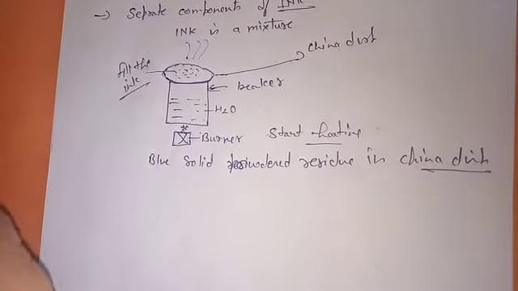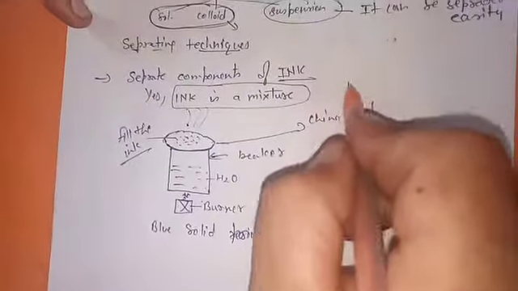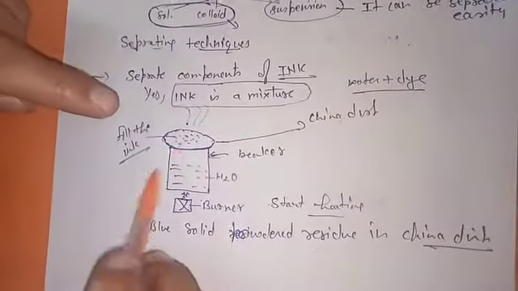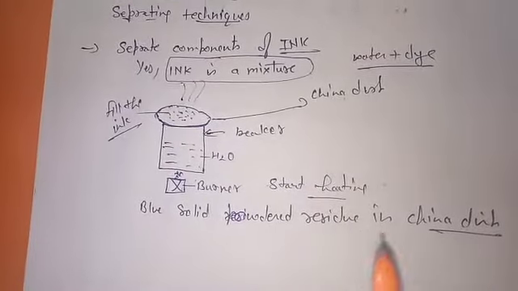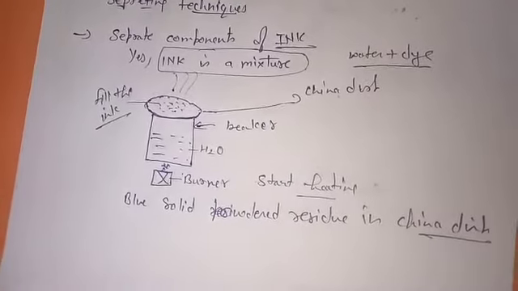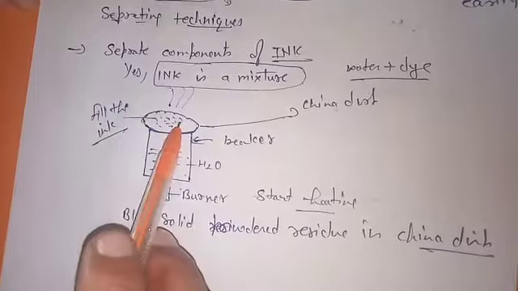By doing this whole process, the book will then ask you some questions, such as whether ink is a mixture. Your answer is yes, ink is a mixture of water plus dye. The blue solid powder you get over here is actually the dye.